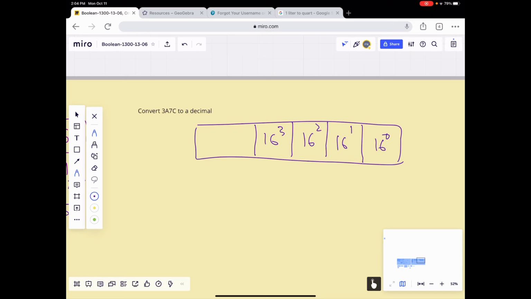All right, so 3A76. This is a hexadecimal, and you want to convert to decimal.